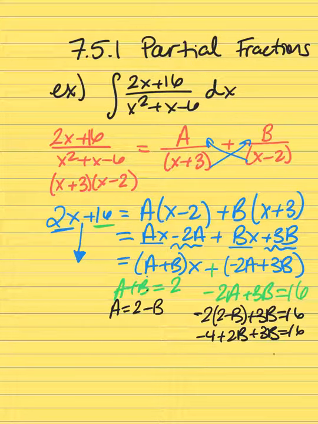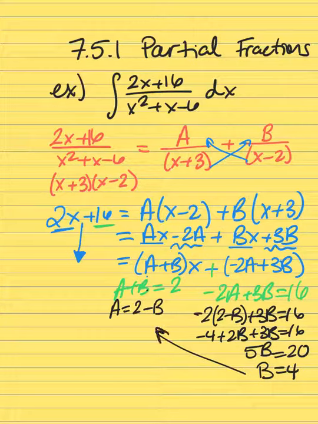I'm going to add the 4, so that's 20 on this side. 2B plus 3B is 5B. Divide by 5, B equals 4. Go back over here: that's 2 minus 4, so A equals negative 2. Got it? So above the x plus 3 is negative 2, and above the x minus 2 is going to be 4.